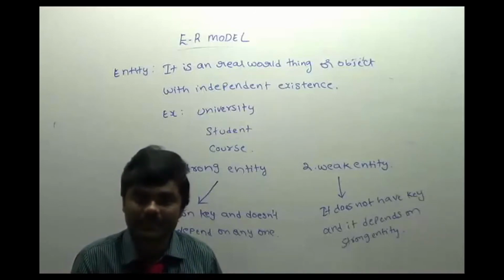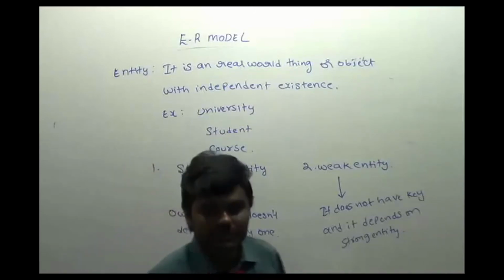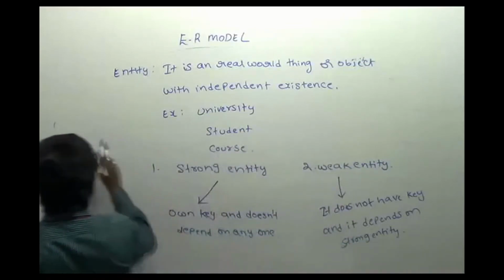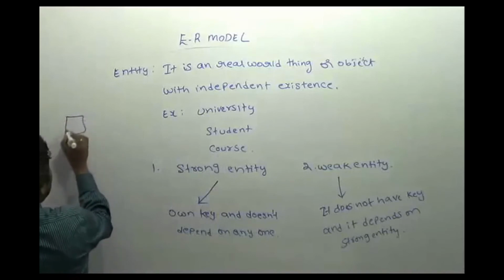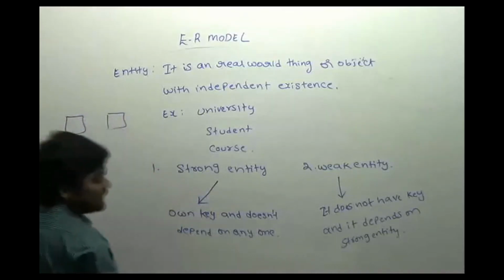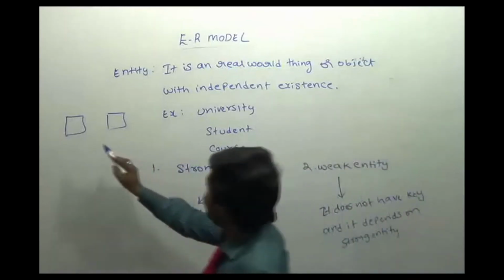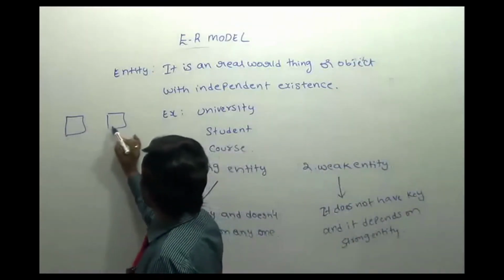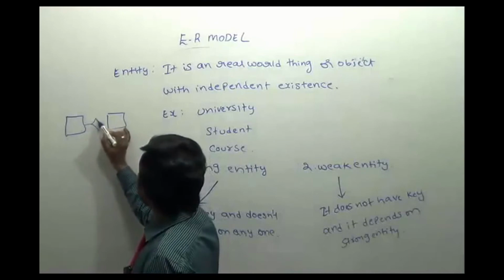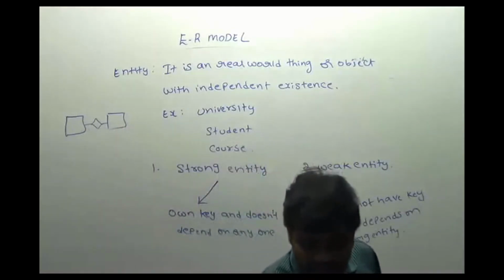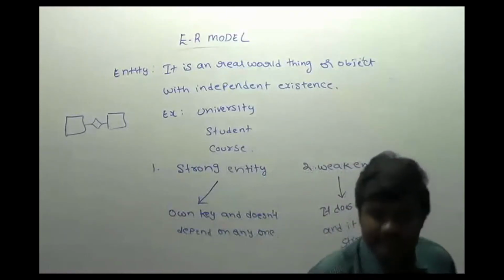We have taken the Flipkart example and I have shown it. So the ER model is a model in which we can view a system as a set of entities and relationships between entities. We have seen strong entities and weak entities.